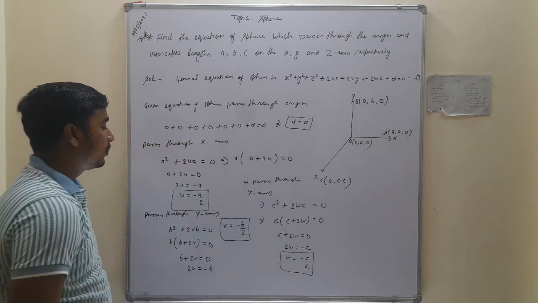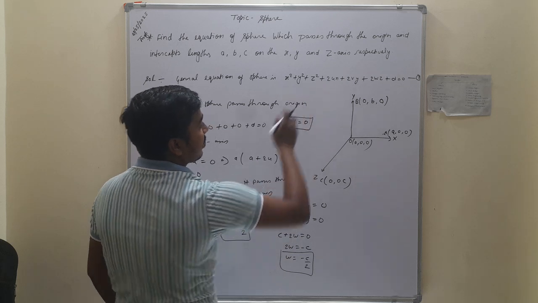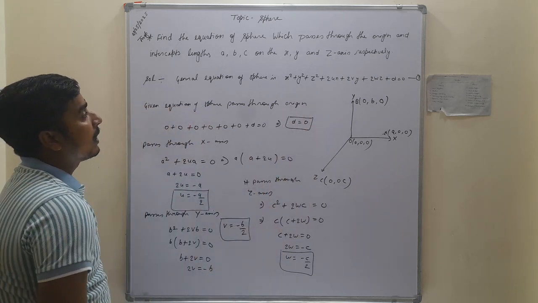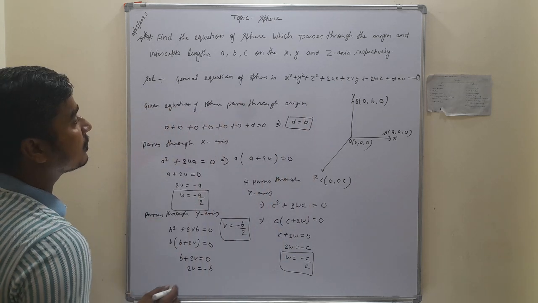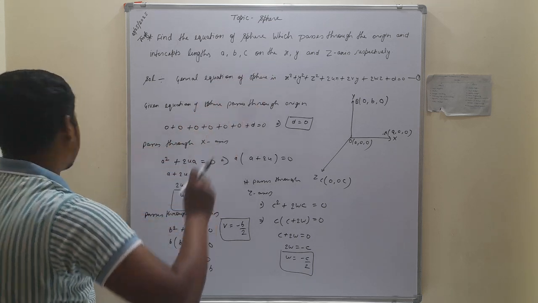Putting the values of u, v, w and d in equation 1, we get the required equation of a sphere which passes through the origin and has intercept lengths a, b, c on the x-axis, y-axis and z-axis.